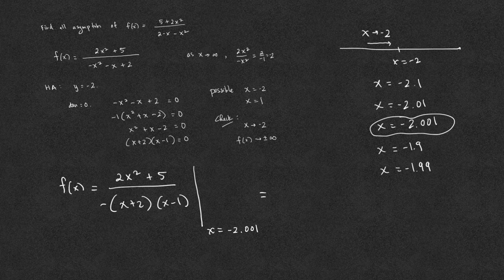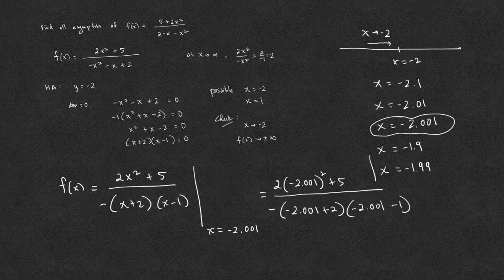-2.001 into the function, we have 2 times -2.001 squared plus 5, that is the numerator, divided by negative, don't forget the negative sign when we factored it out, -2.001 plus 2 times -2.001 minus 1.